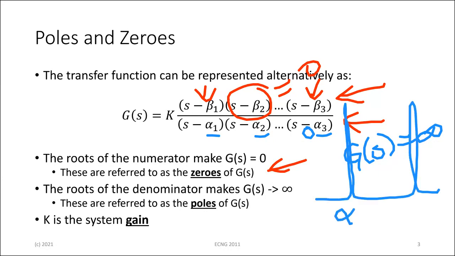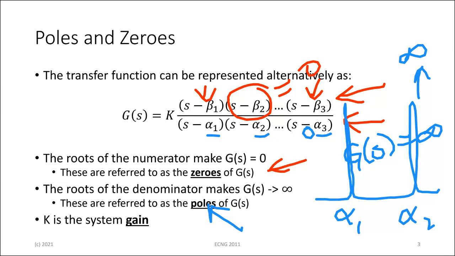So at alpha 1, alpha 2, etc., it is going to try to go to infinity. This sharp rise is like a pole, like an electric pole. So they call it a pole. Yeah? So the roots of the numerator make G(s) go to 0.